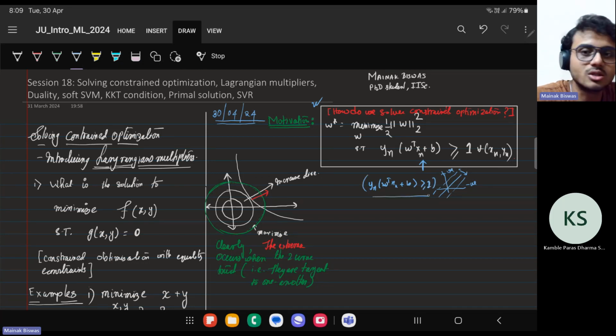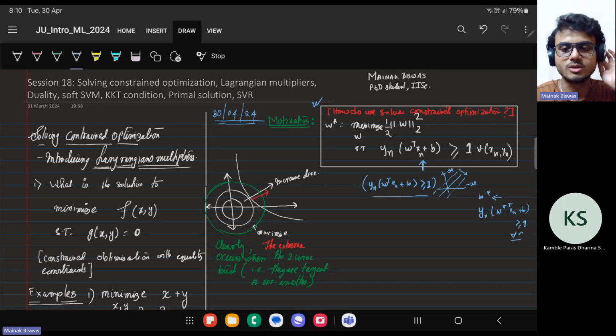So if you have w star as your solution in this case, the constraint, that is yn (w star xn plus b), must be greater than or equal to 1 for all n. So for all data points, this must hold. This is the constraint.